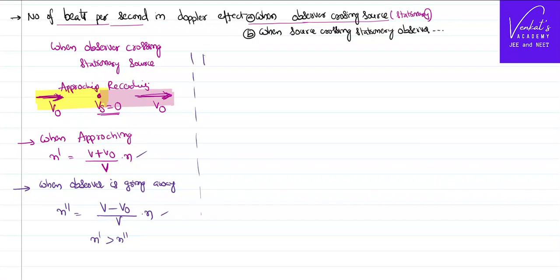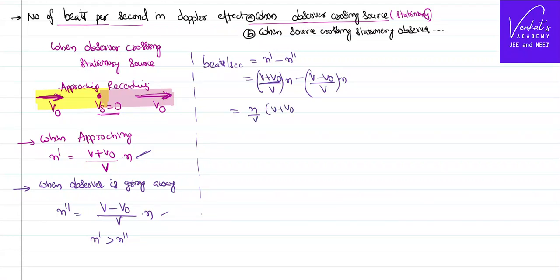So how many beats are generated per second? You know the number of beats per second is the beat frequency, that is nothing but the difference between the frequencies. As N dash is more, it is N dash minus N double dash. N dash is (V plus VO) by V of N, minus N double dash, which is (V minus VO) by V of N. For both of them, N by V is common.